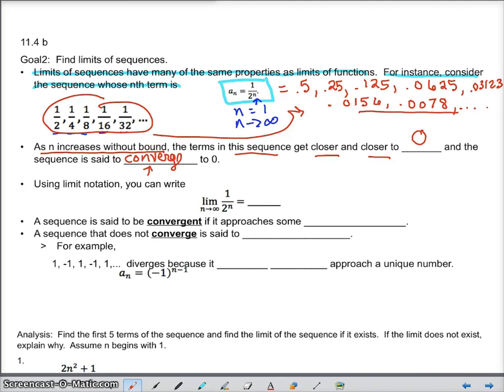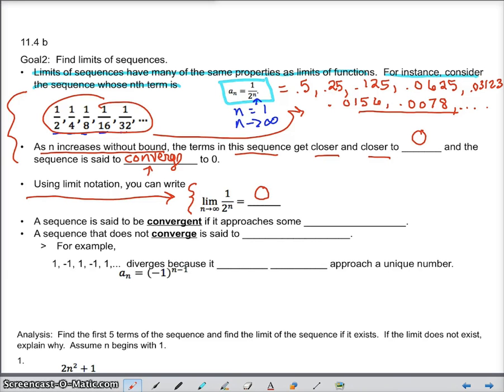So using limit notation, here's what the function would look like. So the limit as n approaches positive infinity of 1 divided by 2 to the n power is equal to 0. So we had our discussion and then looking at the limit notation.